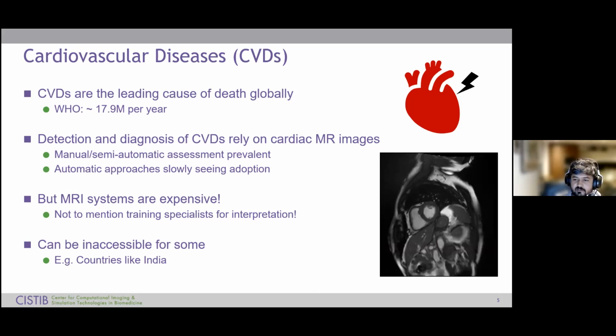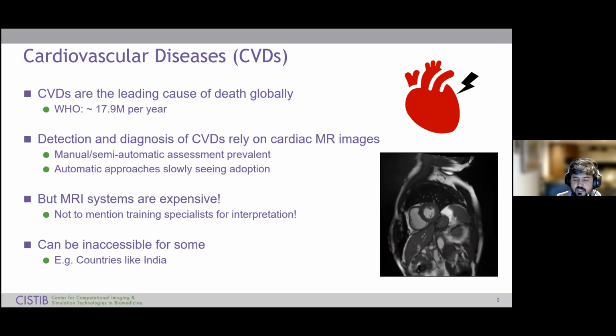So this means that MRI-based analysis of cardiac structure and function, while being extremely useful, is not easily accessible for large proportions of the population in the world, especially in developing countries like India, where you have a very large population, many of whom are at risk of cardiovascular disease, and there is limited infrastructure for them to get access to such facilities, or for indeed such facilities to be able to deal with the size of the population there is.